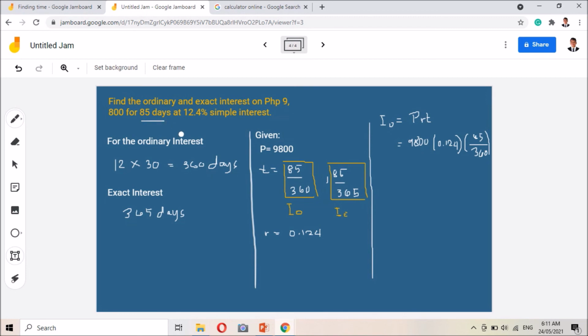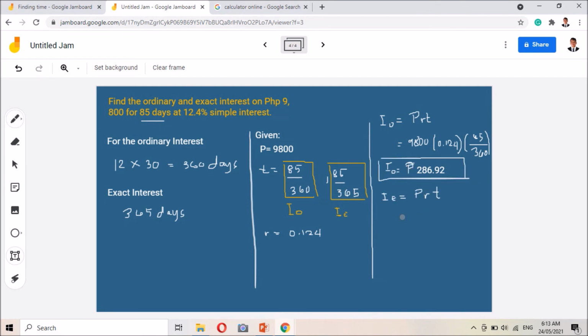And we know in simple interest the time must be annual, no? So that is why we divide by 360, assuming that 360 is 1 year for ordinary interest. And that will be our final answer for the ordinary interest. Don't forget to write the peso sign in your final answer.